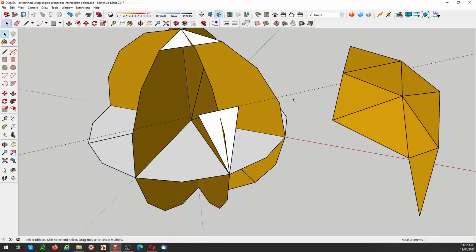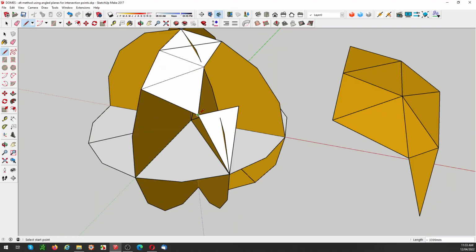Now all we have to do is draw the hexagon. 1, 2, 3. I'm missing something there. Line to there.